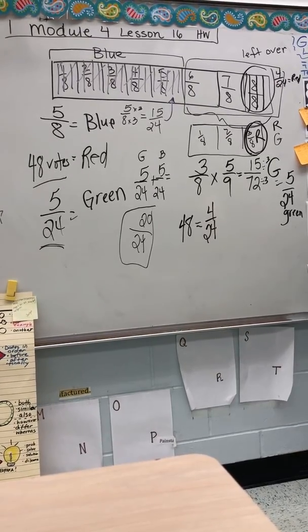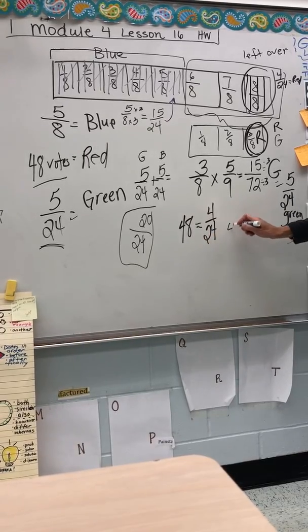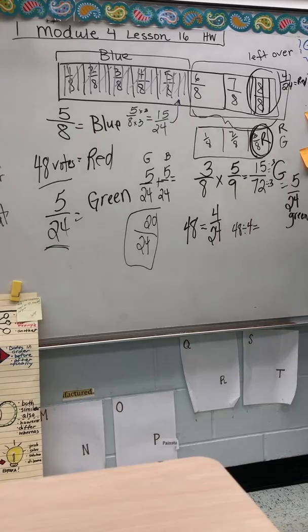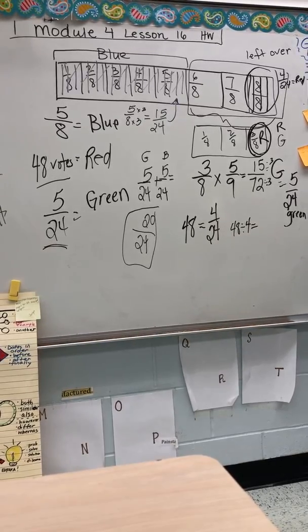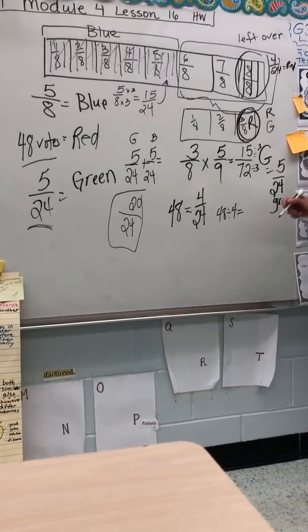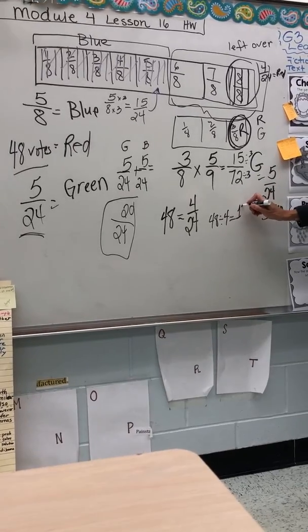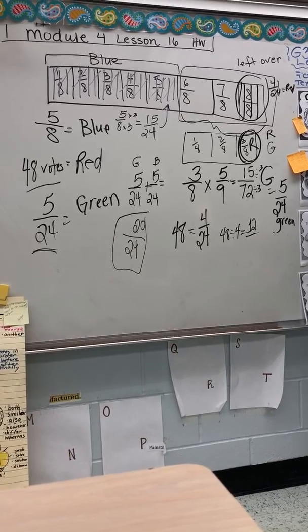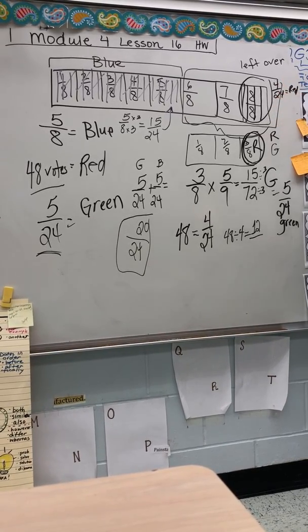So then I'm going to take this 48 and I'm going to divide it by 4. 12. And that's going to tell me that each piece is 12. Each of these pieces are 12.